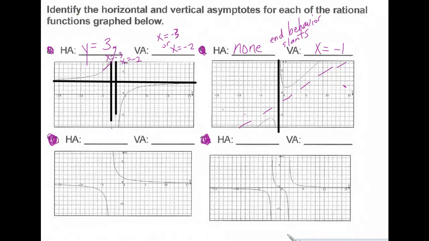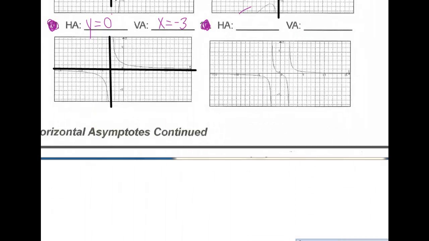In the next problem, the horizontal asymptote is at y = 0, and the vertical asymptote is at x = -3. In the last problem, the horizontal asymptote is at y = 0, and the vertical asymptotes are at x = -2 and x = 2.